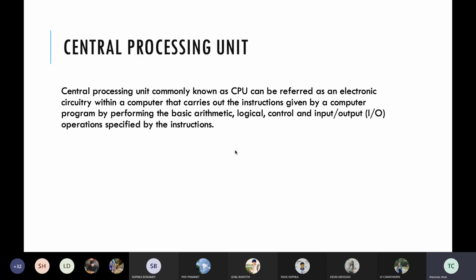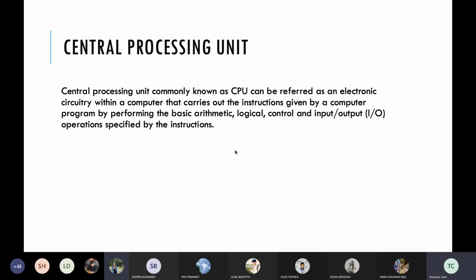Right? So what is a central processing unit? The central processing unit, commonly known as a CPU, is an electronic circuit that is used to do arithmetic and logic operations.